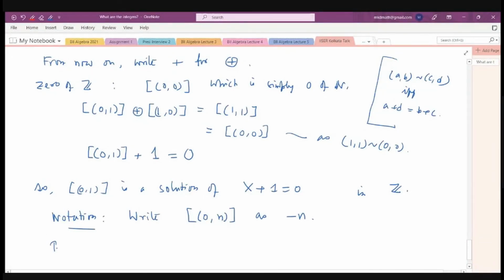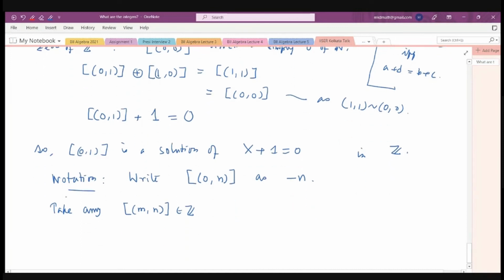Now, how do the elements of Z look like? Take any element of Z, I can write this as this.